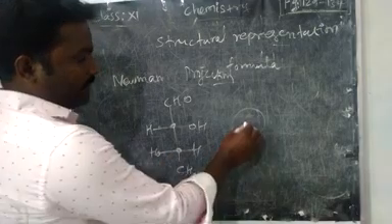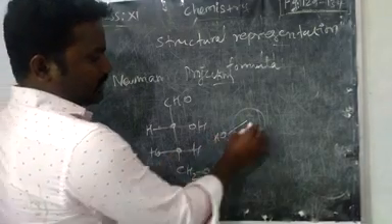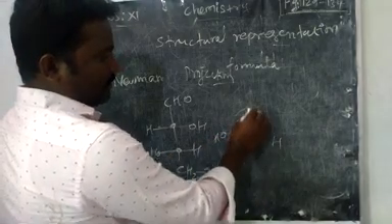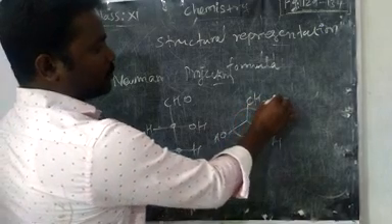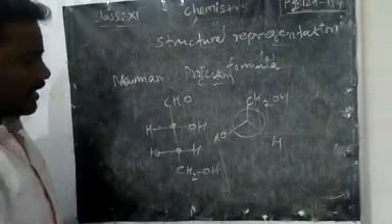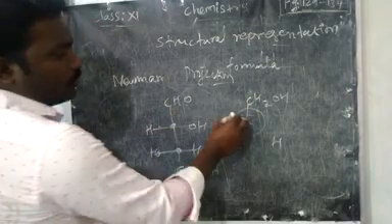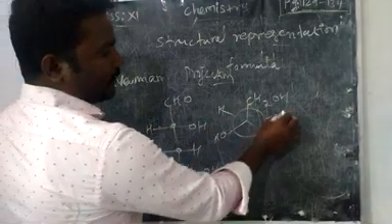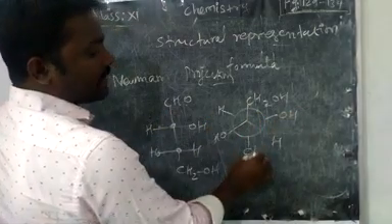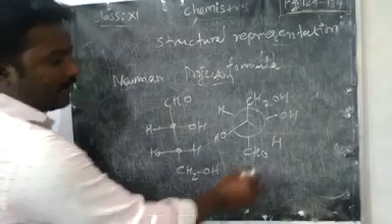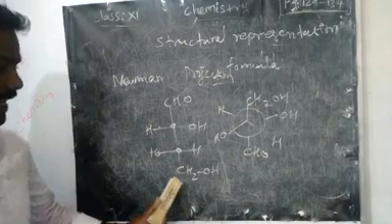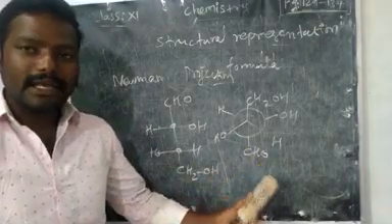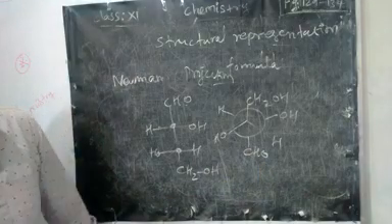In the front carbon, we have OH on one side, hydrogen on another side, and one more CH2OH. The back side carbon has HOH, CHO. So this line structure you can write in the Newman projection formula.